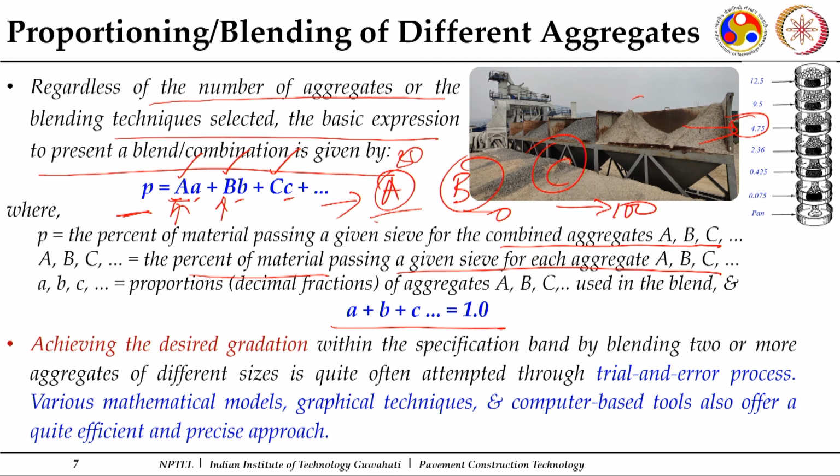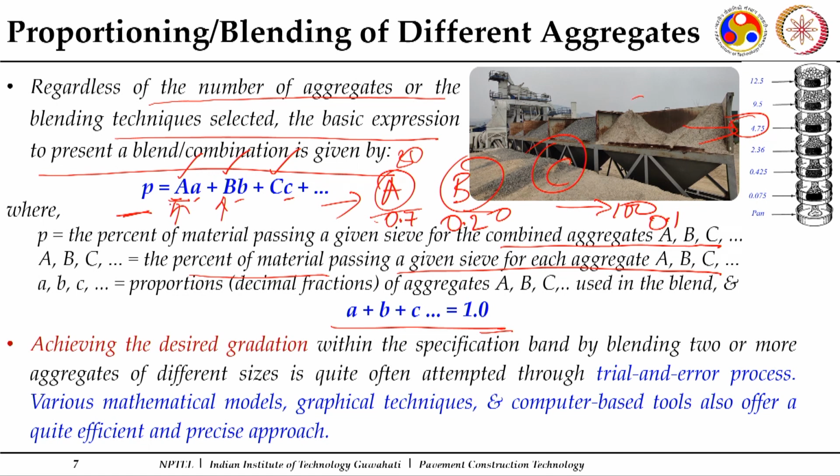So, I can just randomly put up a combination where this can be 0.7, this can be 0.2 and this can be 0.1. Now, if I am using that, it means a 70% share is coming from A, a 20% share is coming from B and a 10% share is coming from C. So, this is expressed in fractions. Now, this together has to be 1 because it has to be 100%, or in fractions it is 1.